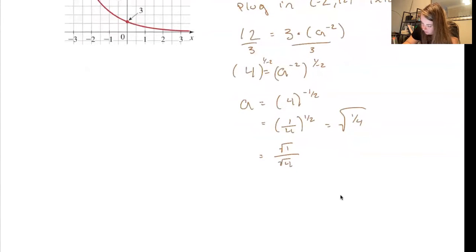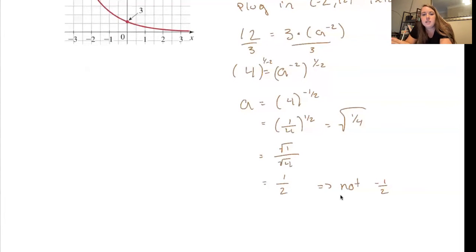I know I'm drawing this out. You probably are like, Mackenzie, I know it's 1/2, but why is it not -1/2? Because a can't be less than 0. Right, because remember, if I took the square root of 4, it'd be plus or minus 2.